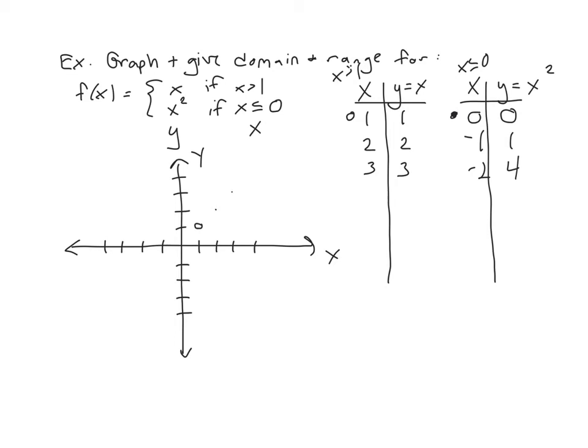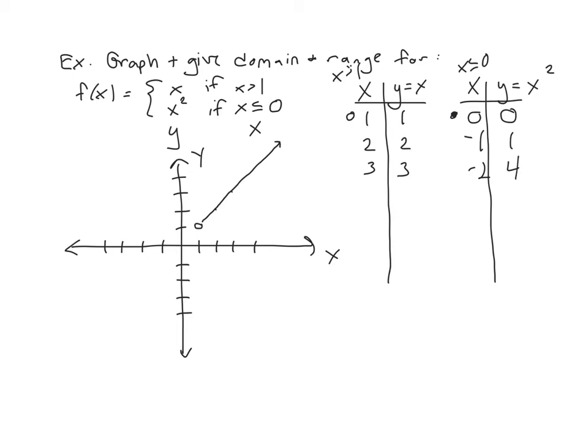Sorry, it's a little hard to be really precise with this tool. And then I'm going to draw my line. That takes care of that first column. So it looks like what we would expect: a straight line for x greater than 1.